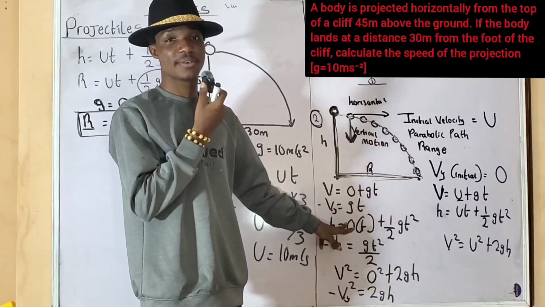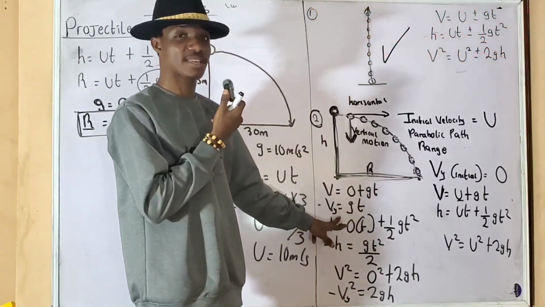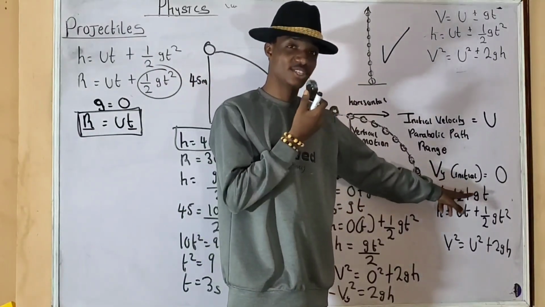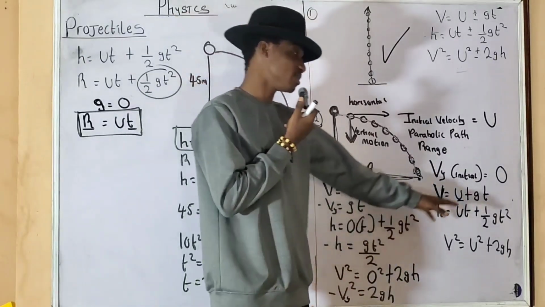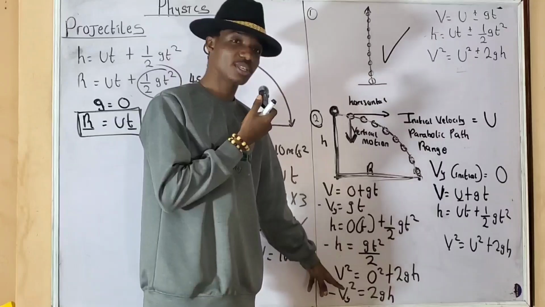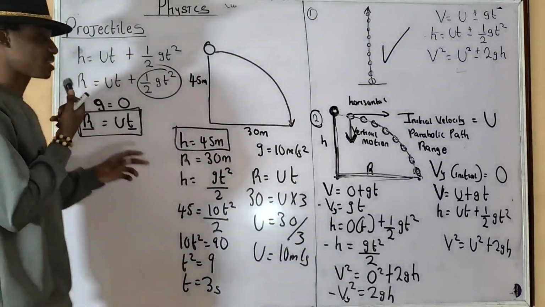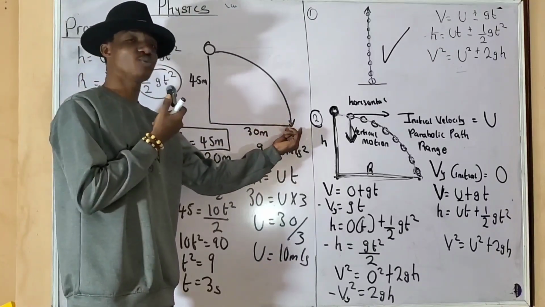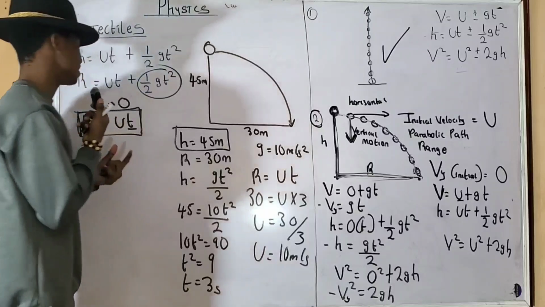Vertical motion, Vy equals to gt. And Vy here is the final. Are you getting it? Do you know that Vy here is initial, and initial velocity is represented as u? So substituting the value of initial velocity u as 0, you're going to obtain all these three formulas. And for the third formula, the range, which is the distance between the foot and the point where the projected object hits the ground, the distance is the range.